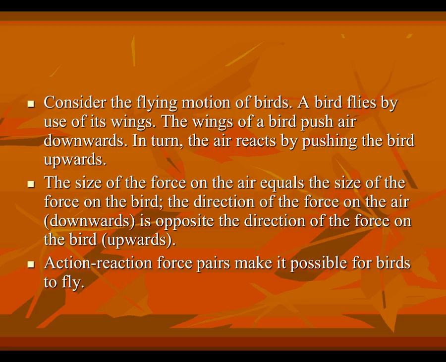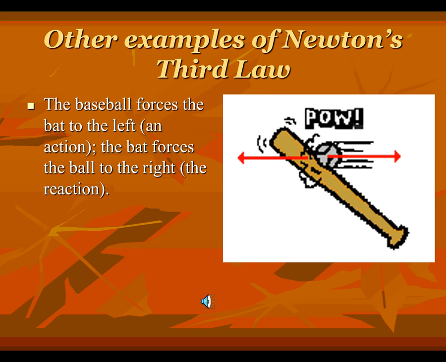So Newton's third law is found in several different places. Here's a nice picture of some birds flying, again using Newton's third law to stay aloft in the air. For other examples of Newton's third law, we have the baseball idea.